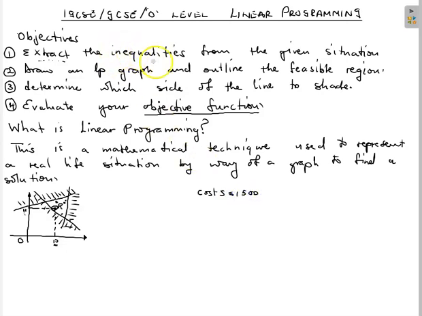So this is where we will be creating the inequalities. If I'm saying to run my business I only have 45 hours a week, it means my total time must not exceed 45 hours.